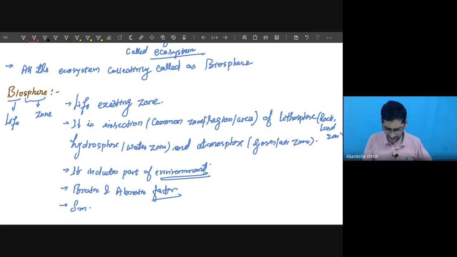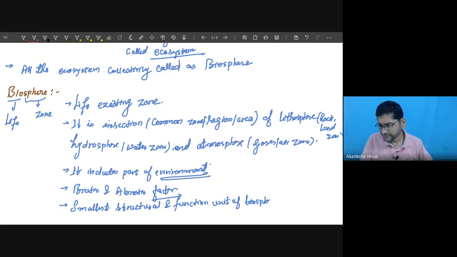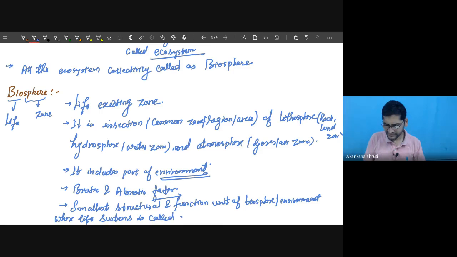So write: smallest structural and functional unit of biosphere or environment where life sustains, means they can continue from one generation to another, is called as what?